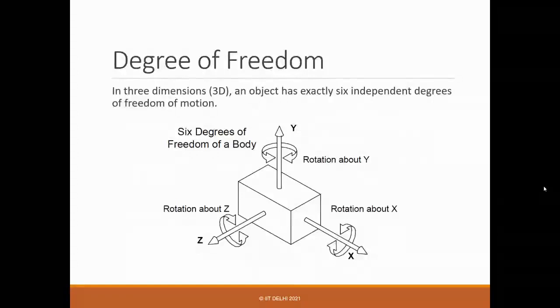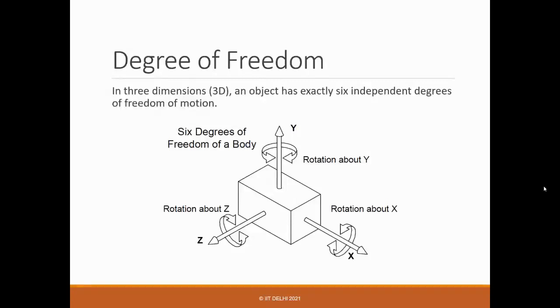Otherwise, any rigid body in 3D space has three translations along X, Y, and Z directions, simply the translations, and then three rotations. So for any rigid body in space, the maximum degrees of freedom we can have is only 6.